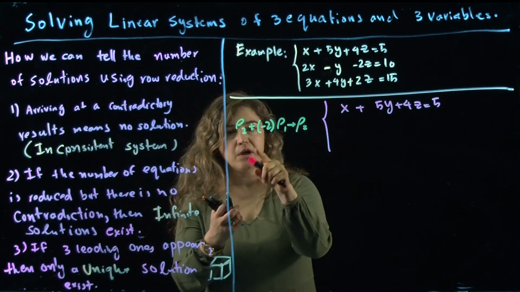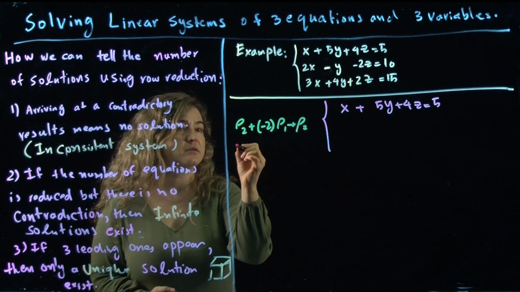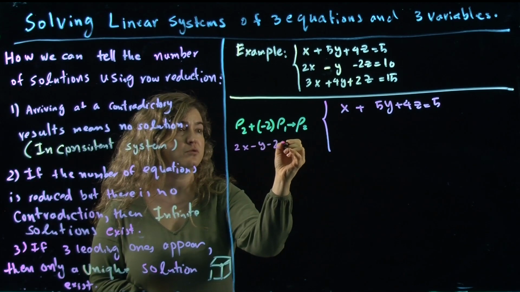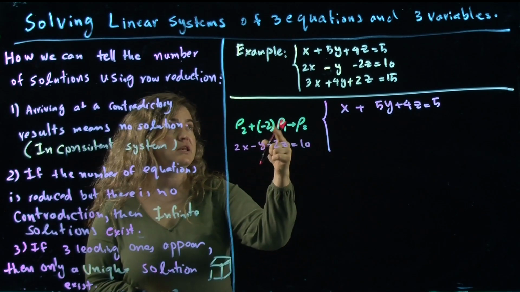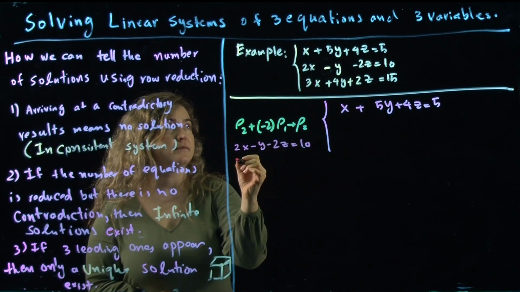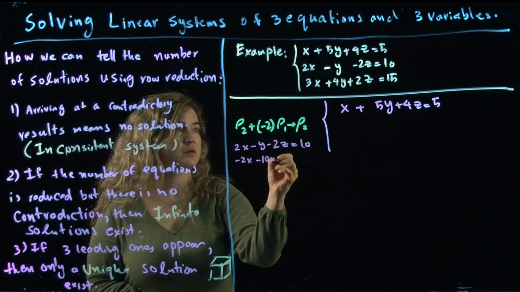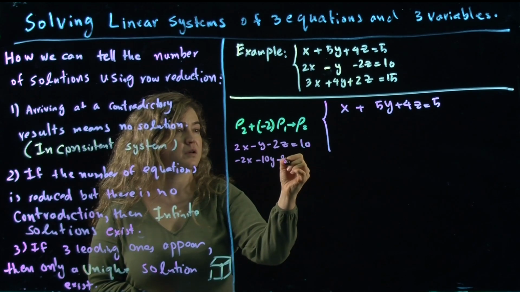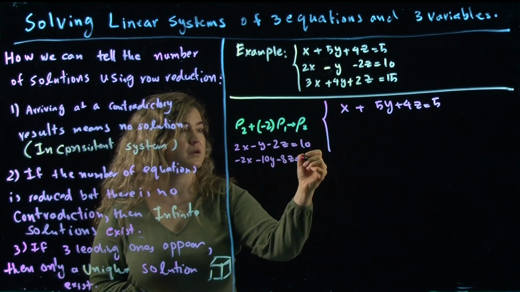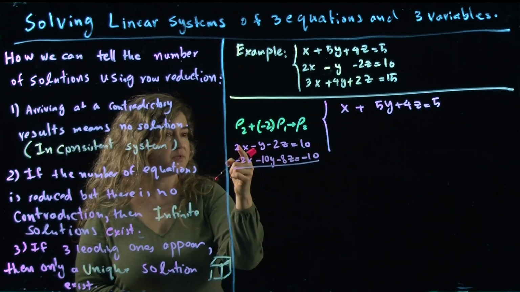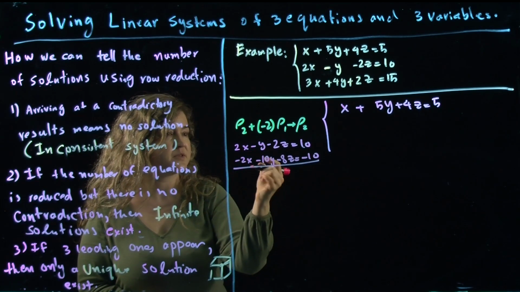Row 2 on a little piece of scratch paper is going to be, this is the original row 2, and negative 2 times row 1. Add them together. 2x minus 2x becomes 0.